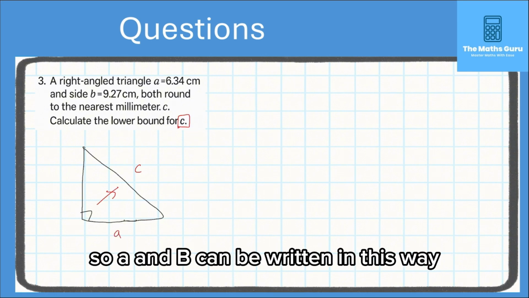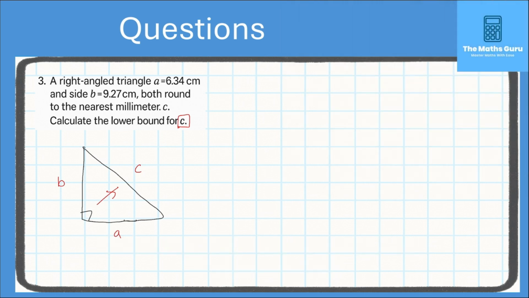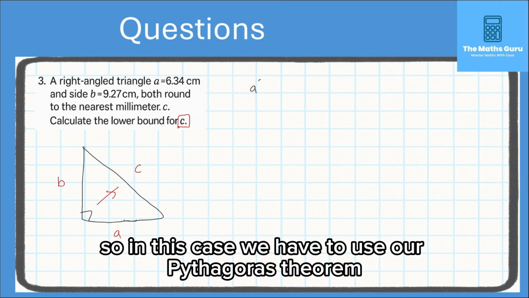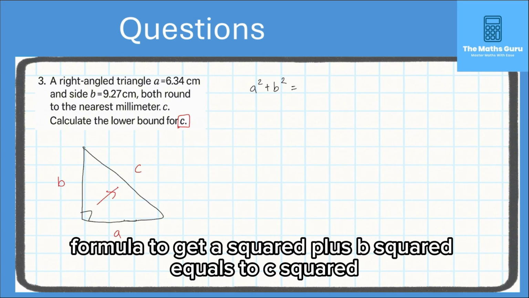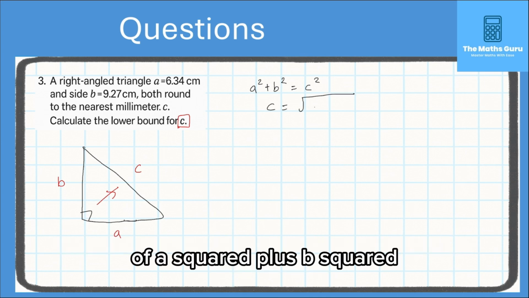A and B are completely interchangeable. So we need to work out our C using Pythagoras' theorem, A squared plus B squared equals C squared. And remember, this means that C is equal to the square root of A squared plus B squared.